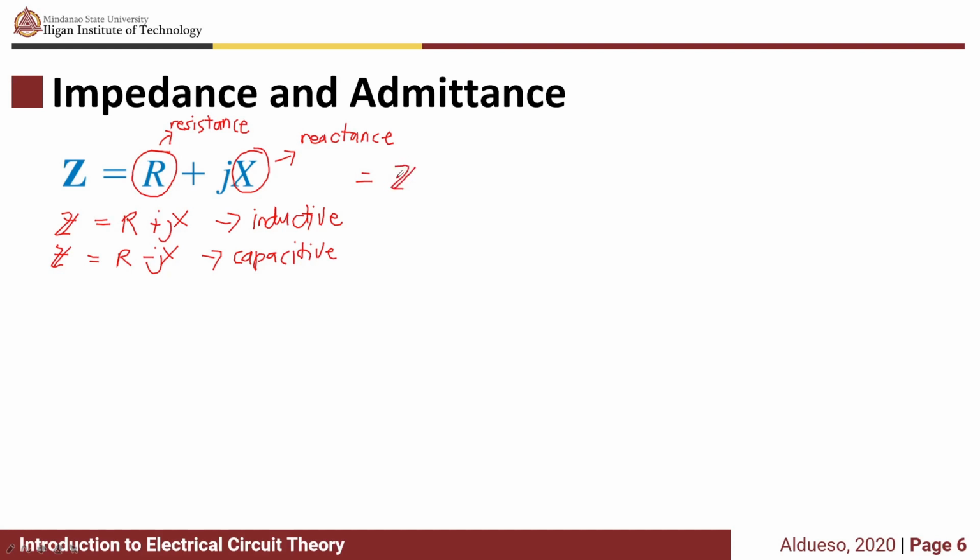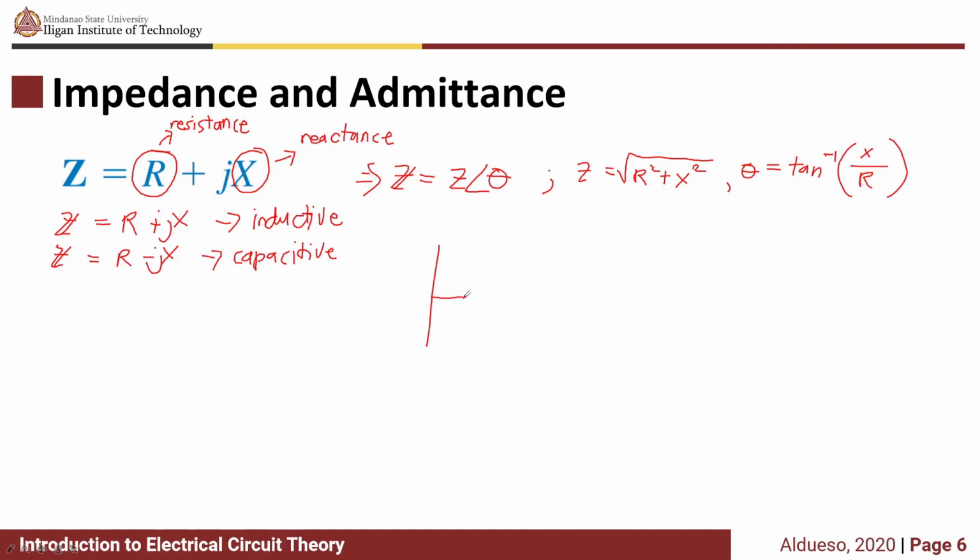Z is equivalent to the magnitude |Z| with angle theta, where the magnitude |Z| is the square root of R squared plus X squared, and the angle theta is the tangent inverse of X over R. If you write this in the phasor diagram, this is an example of an inductive impedance, and this is an example of a capacitive impedance.